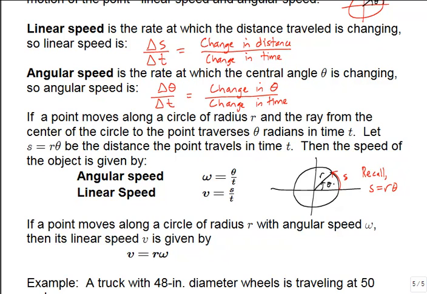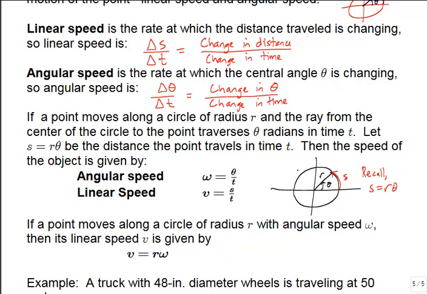We're just talking about a generic circle with the radius of r. Its angle is theta, and it's mapping out a path along the edge of the circle that has a distance of s, that arc length s. And we know the relationship between these three things. The arc length s is equal to r theta. That was our arc length formula.